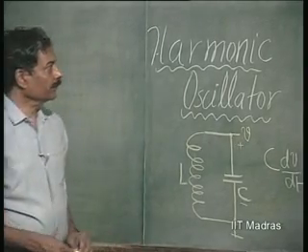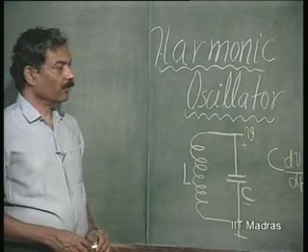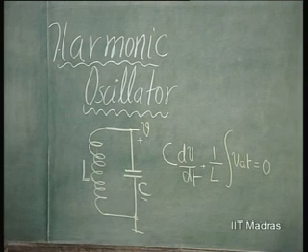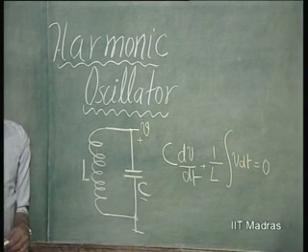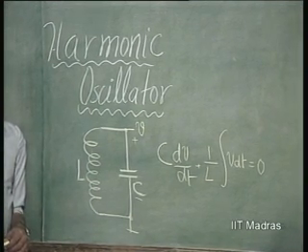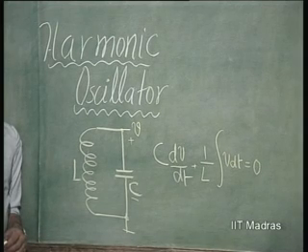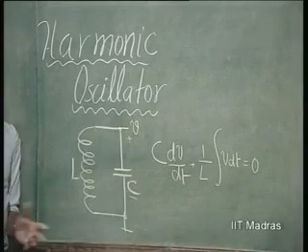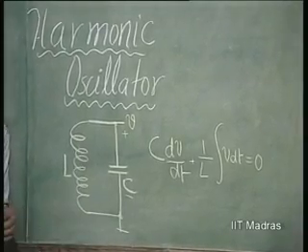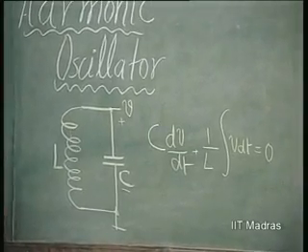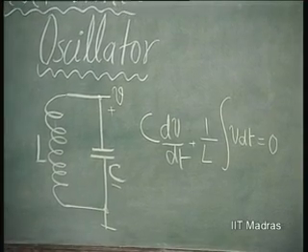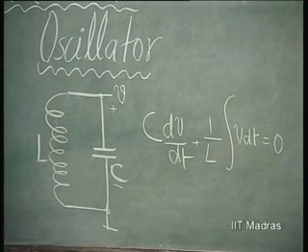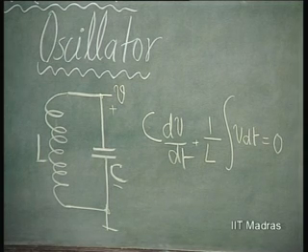Now let us come to an important topic, harmonic oscillator, which we have already touched upon. When we discussed state variable filter, we said the solution of d squared V naught by dt squared plus gamma V naught equal to 0 is nothing but V naught equal to some a sin omega t plus phi. So it is a harmonic oscillator. This is a very important thing. This might have been taught to you in mechanics already, this simple pendulum.